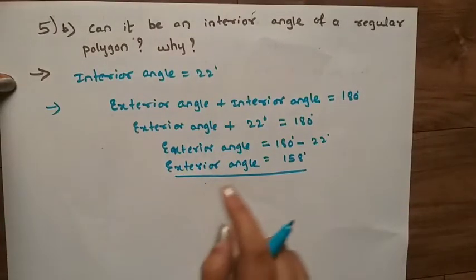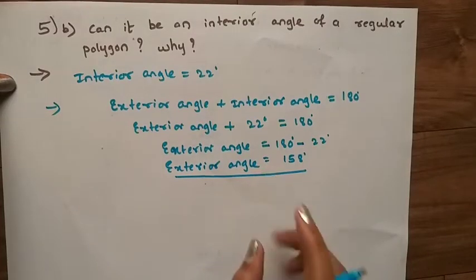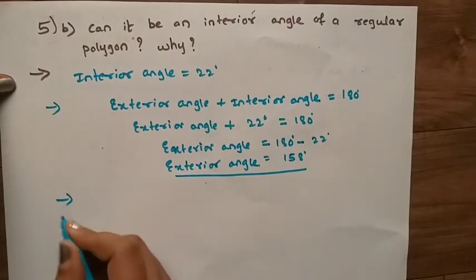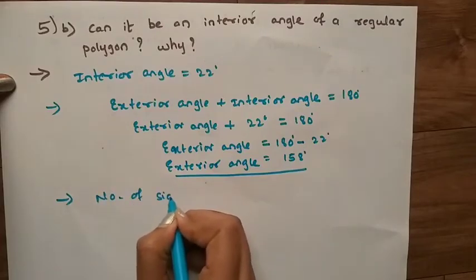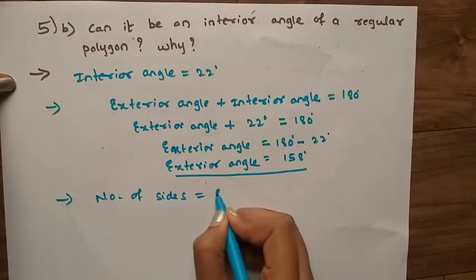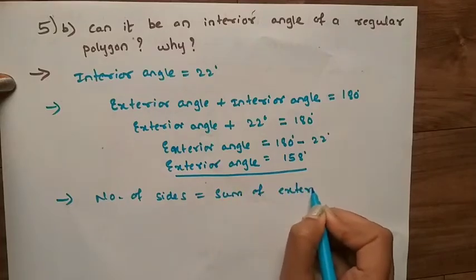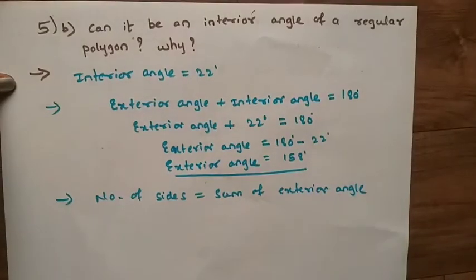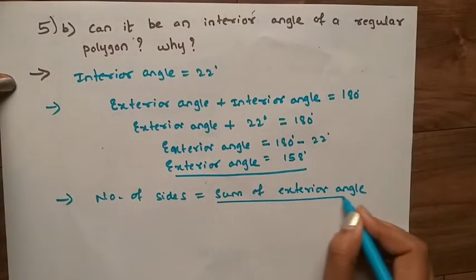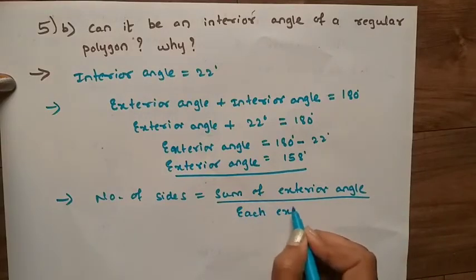Now we have to calculate the number of sides of a regular polygon. So the next formula is number of sides is equal to sum of exterior angles divided by each exterior angle.